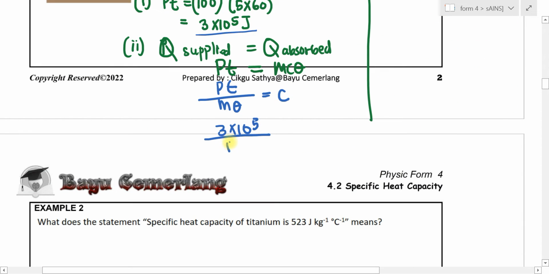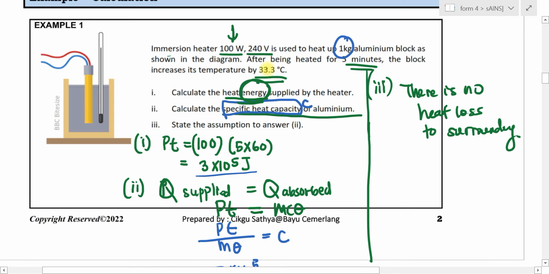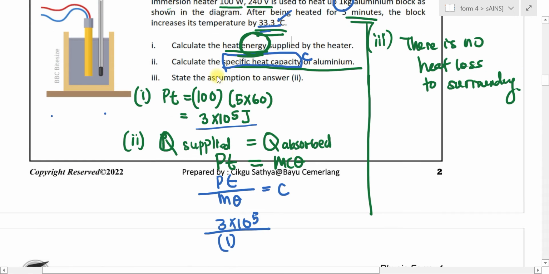So letak 1. Dia cakap the temperature is increased by 33. Kalau increase to 33 kita tak boleh kira. Kalau increase by 33 dia sudah siap kira. The final temperature minus the initial temperature is equal to 33.3. Jadi kena understand the sentence. Increase by 33 and increase to 33 is different meaning.